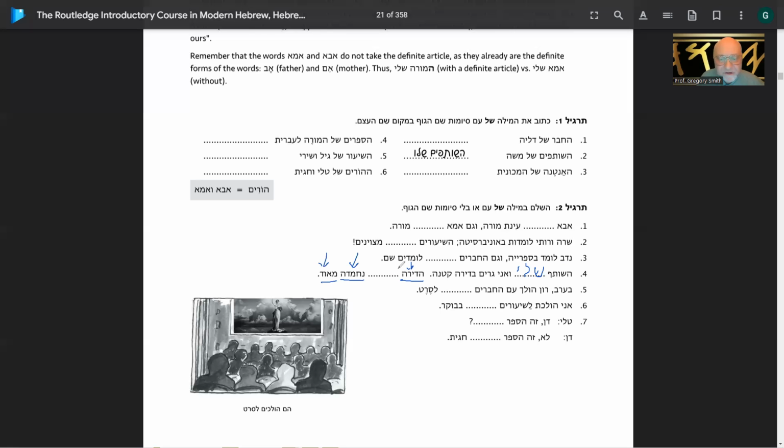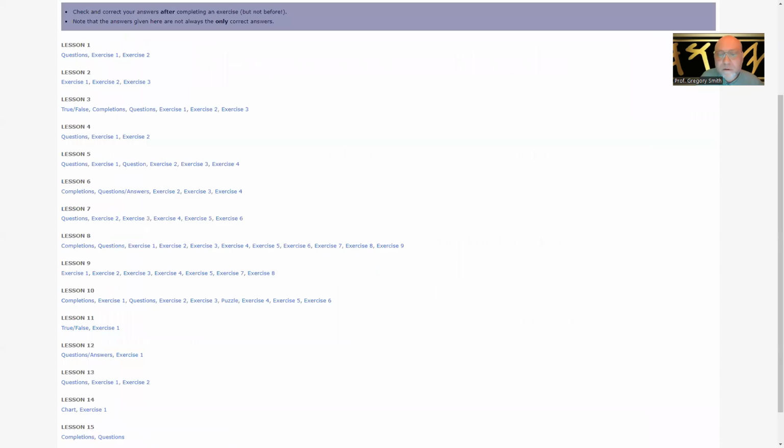So I bet you it's going to be Shelanu. It's going to have a shuruk at the end, but you won't see the dot in modern Hebrew. So it's going to be Sheli and Shelanu. So let's see if I'm right. Yep, I'm right. There it is right there.